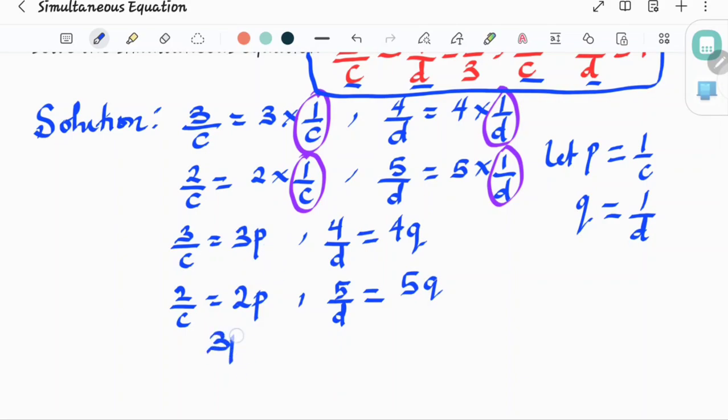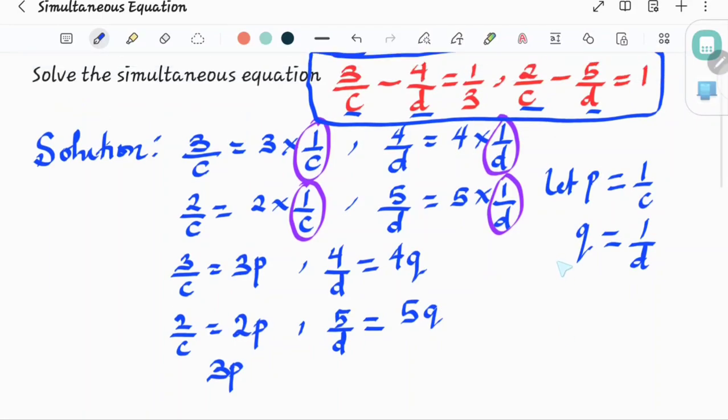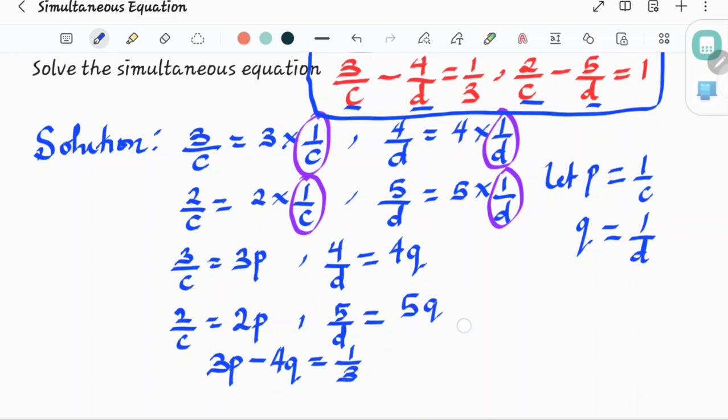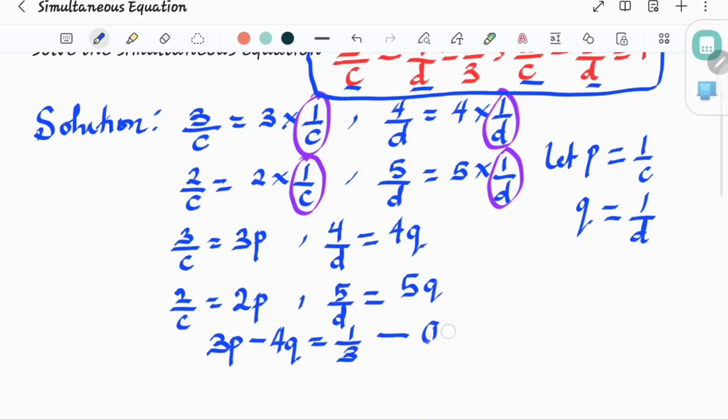So that will be 3p. Don't forget, minus 4 over d, we're told that is 4q. 4q, equals 1 over 3. That's equation 1.